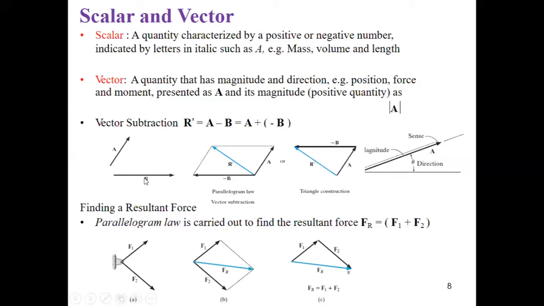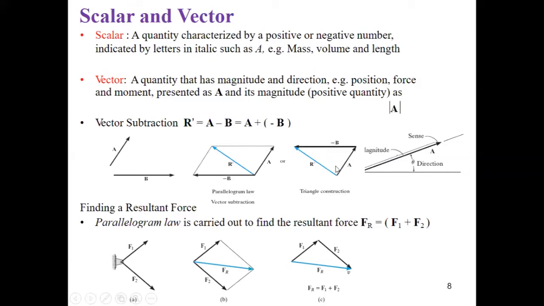B has this direction, so if we say minus B, the direction will be opposite. So we can represent this, whereas A can be represented like this. This can also be shifted to this side because they are parallel.